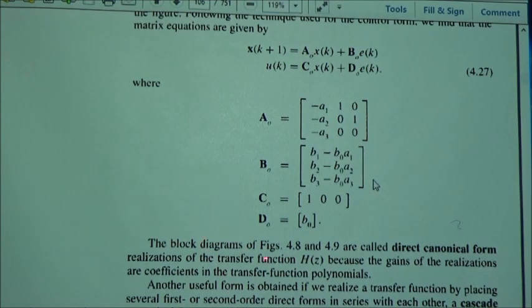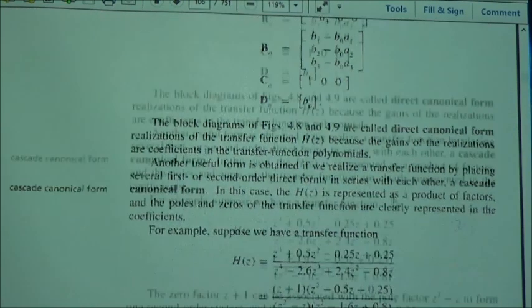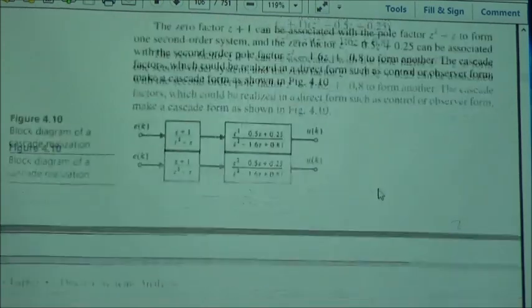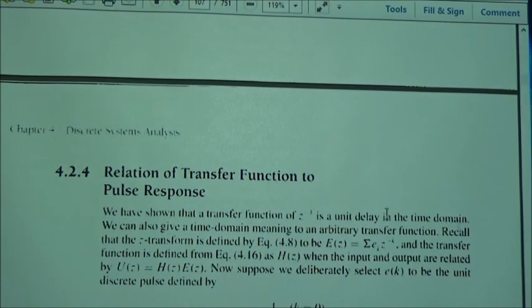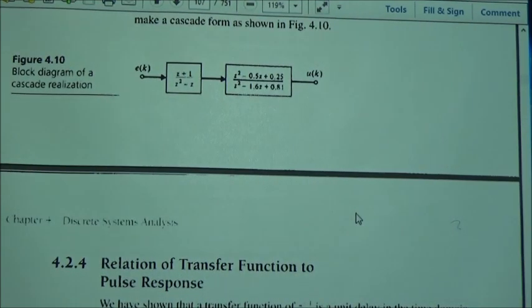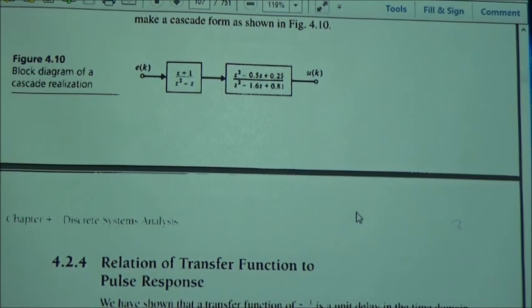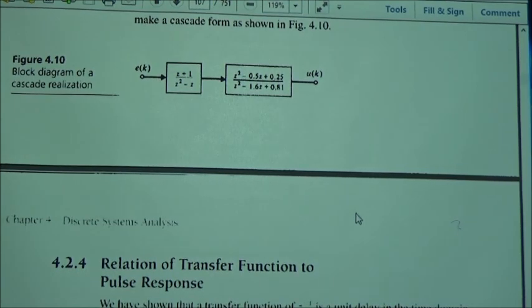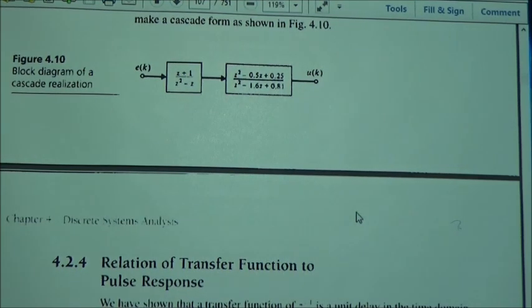So these are called direct canonical forms, and you can use them to prepare for many different applications. In a nutshell, you can use the simulation diagram in either controllable canonical form or observable canonical form to come up with two alternative state equations.